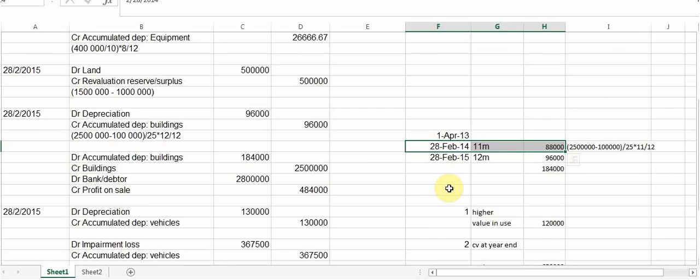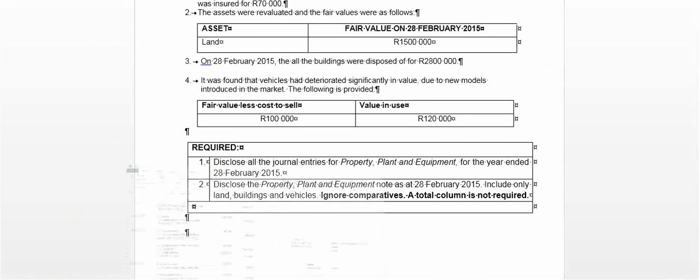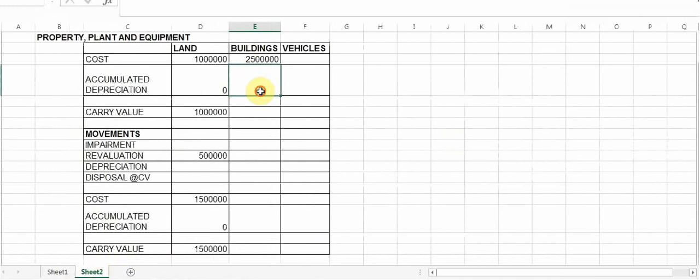So the previous period was a total of 88,000, and that 88,000 will then go and stand there, which gives us a carry value at the beginning of the year of 2,412,000.